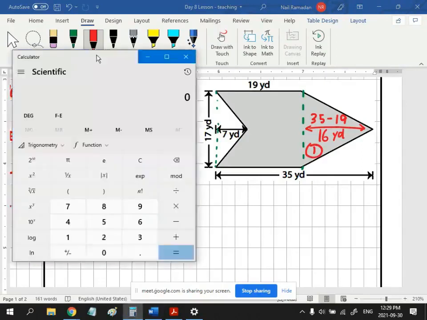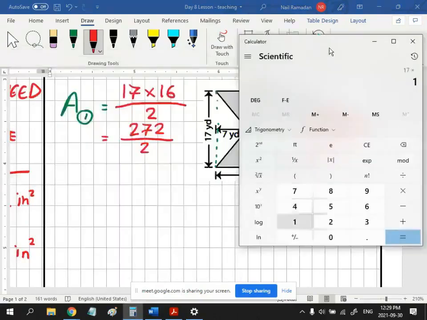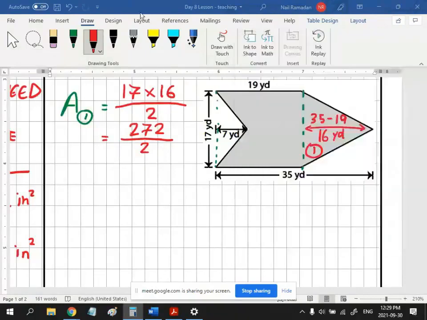There we go. 17 times 16. 272 divided by 2 is how much? 136. In what unit? Squared yard. Yes.